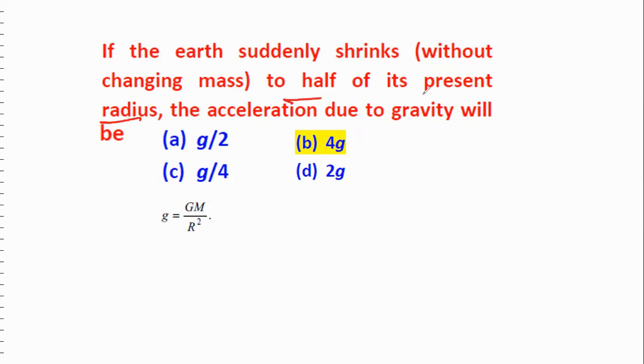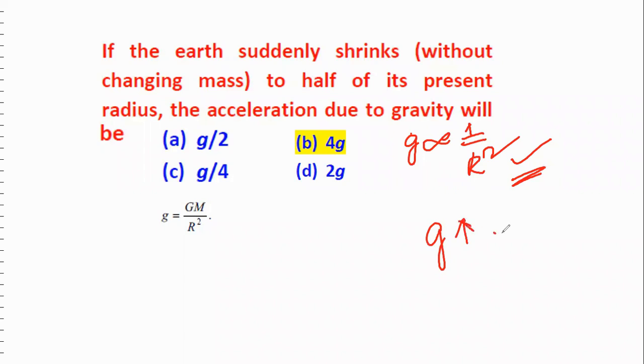Radius is reducing, mass remains constant. Then acceleration due to gravity depends upon the square of the radius. As the radius is reduced to 1/2 times, acceleration due to gravity will be increased to 4 times.